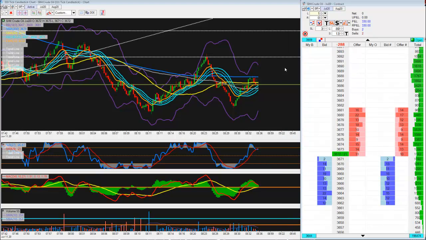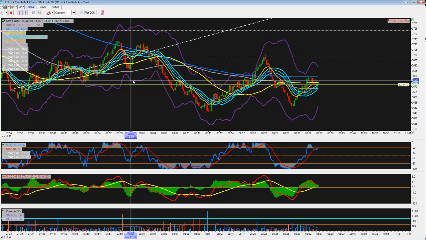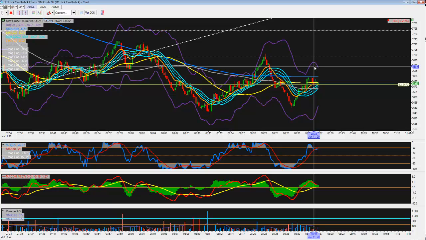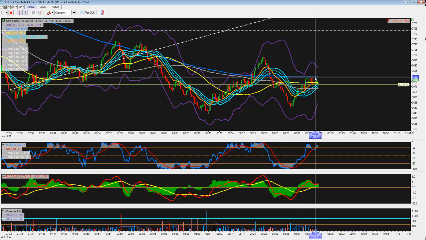One thing I want to do with this is watch it. If I had, that would have been a nice sell and then cover. Got your momentum indicator coming off the lows. 200 bar SMA. We have this.